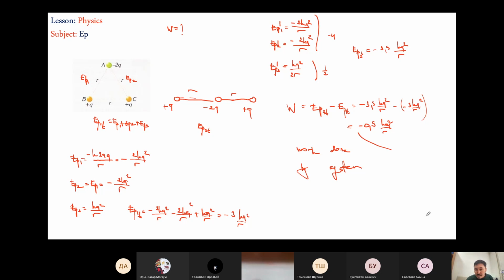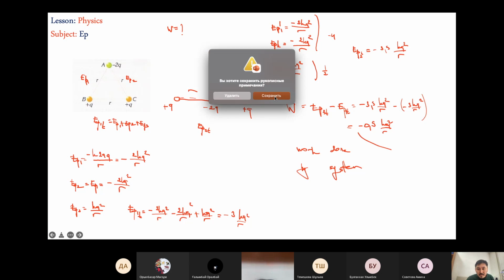In today's lesson we learned about electric potential energy. Parallel lines mean that the electric field is uniform.